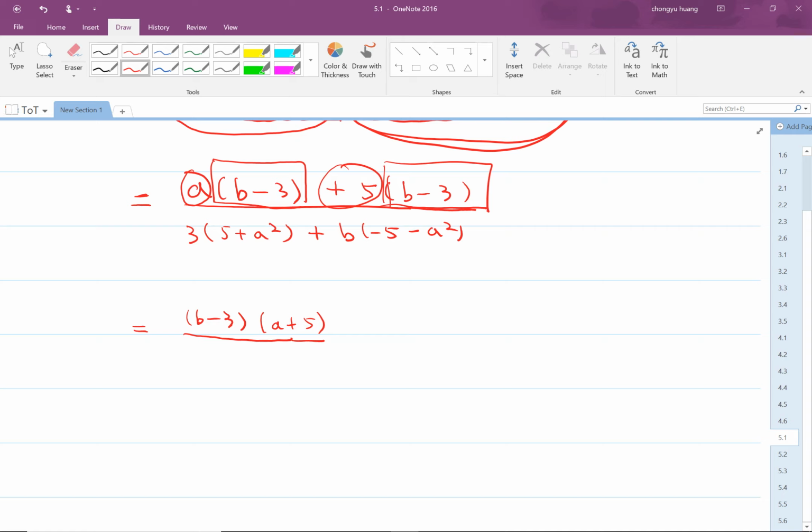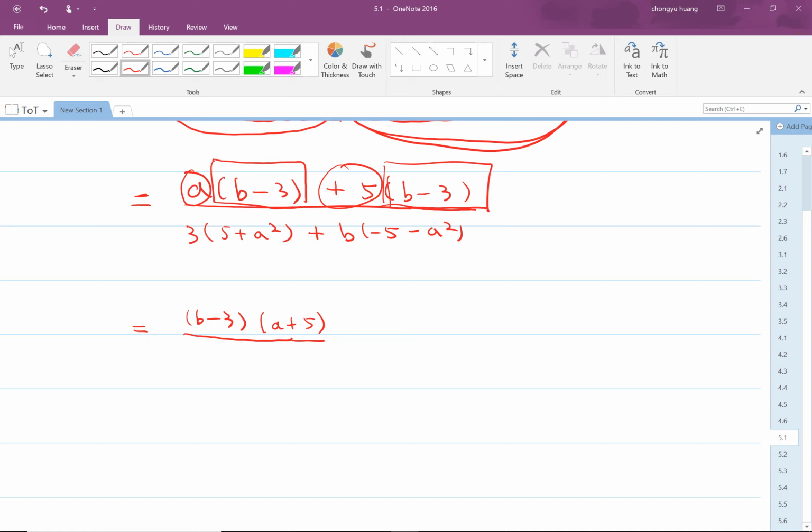That's how we solve this type of question. We are trying to find the right terms, and then factor out, and after we factor, we factor out again.